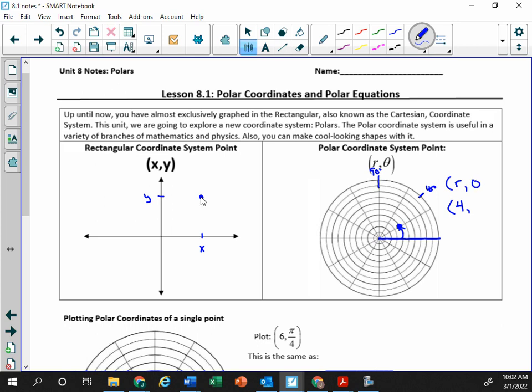So that point is the point for 30 degrees, or you might see it for pi over 6. But it's a radius and an angle now that we are plotting. It'll take your brain a little while to wrap itself around that. And you can label that point in a lot of different ways.